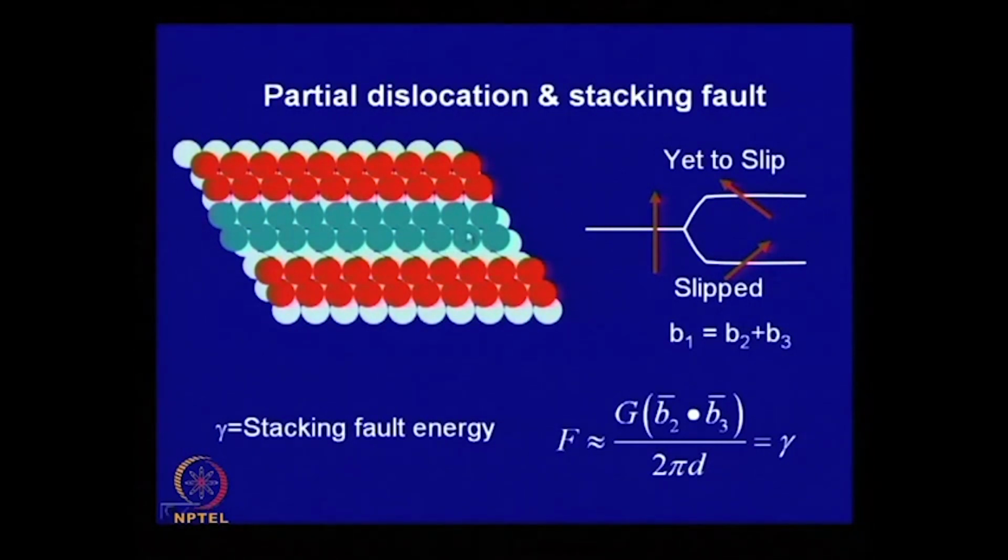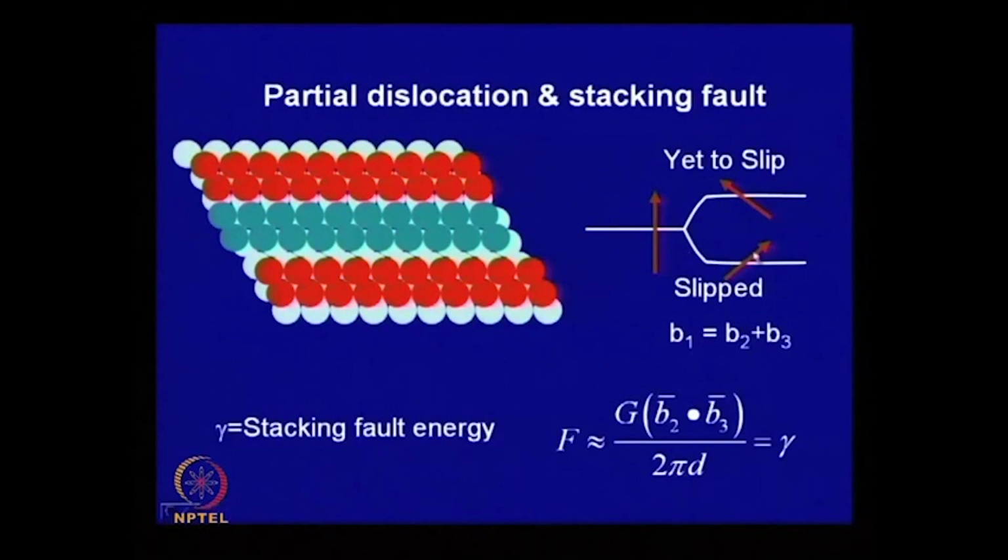Now, this is a pictorial view of the same thing. Here is the part where a stacking fault has been created over this zone. There is a partial dislocation here, there is a partial dislocation here, which is diagrammatically represented here. A part of it, say somewhere on this side, the two join and it is a perfect dislocation, but here we have two partials, which is shown here.